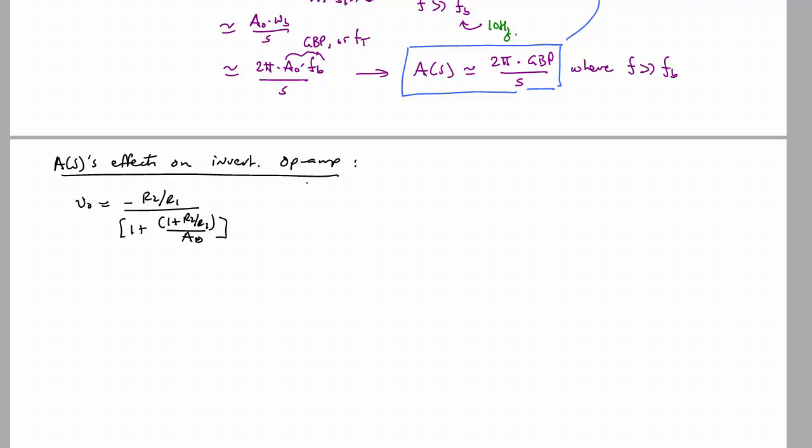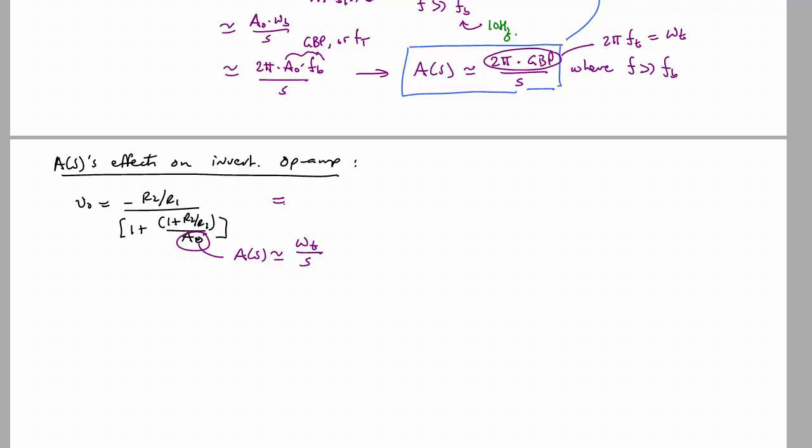So we're going to replace this A naught with A of s being approximately equal to 2 pi gain bandwidth product, which we can also call 2 pi ft. I'm going to just call this omega t for the moment, so we'll say omega t over s.